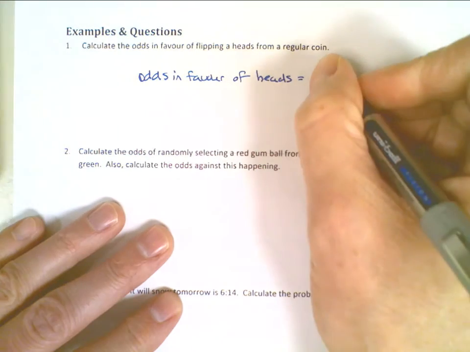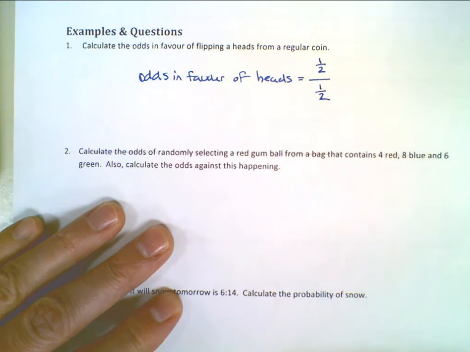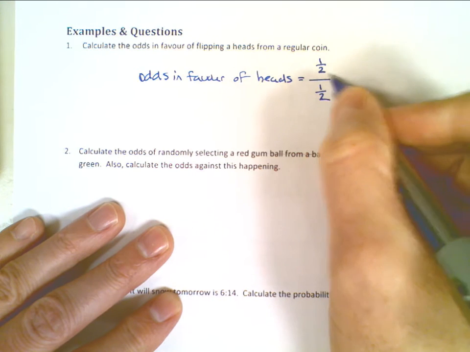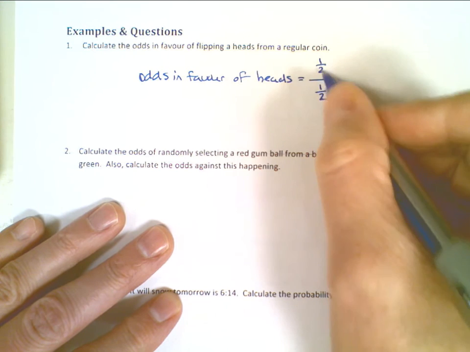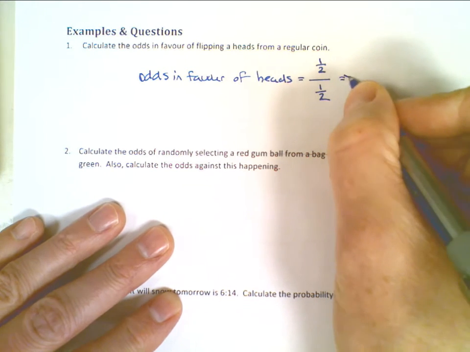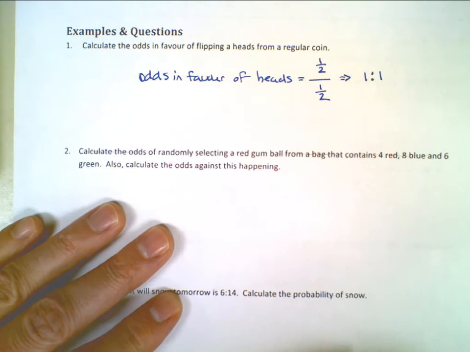So basically it's 1/2 divided by the probability of it not happening, which is 1/2. And what you'll notice here is that when we reduce this, the common denominator is 2. So this can be written simply as 1 to 1, like so.